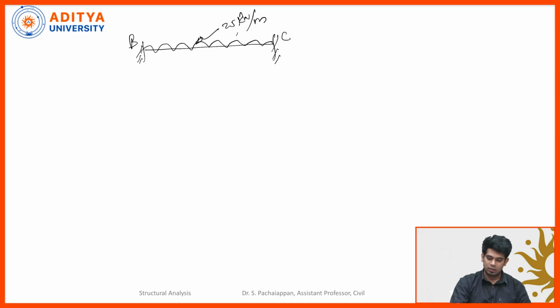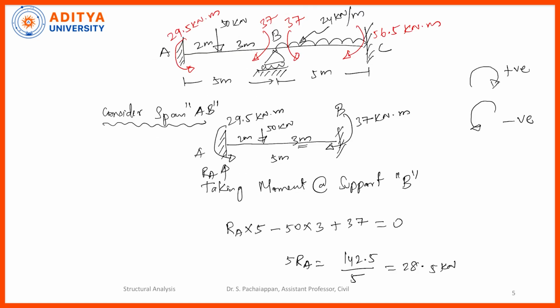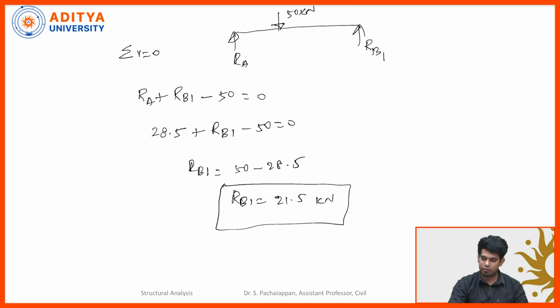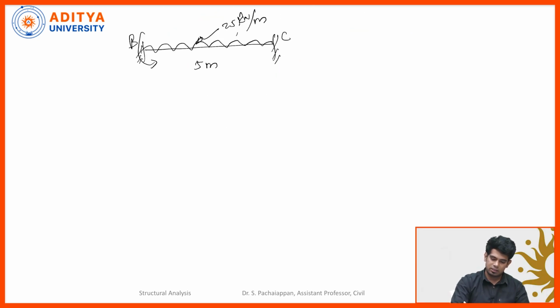Okay. And this span is 5 meters. Now let us calculate this value also. In previous slides, we have the BC moments, 37 and 56.5 kilonewton meter. So we have an RB2 here.